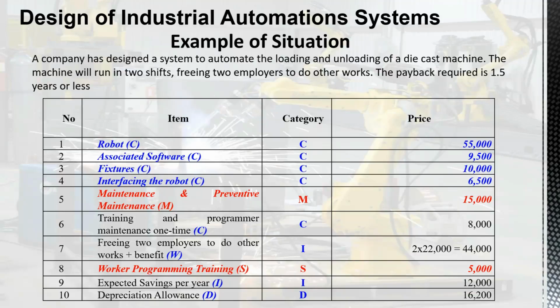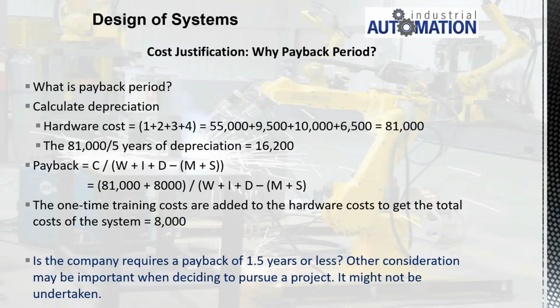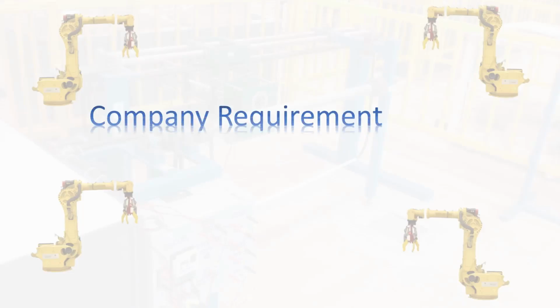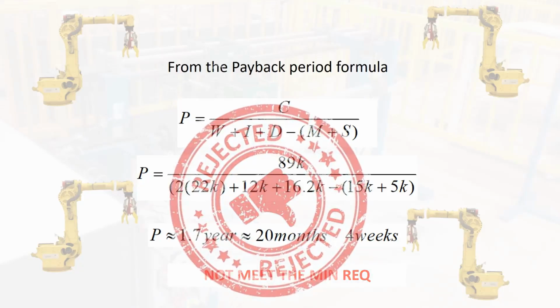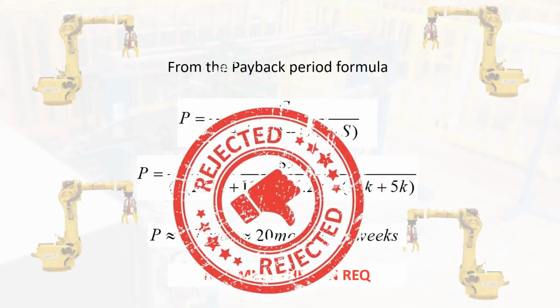By using the formula, we can know how much the payback period is for this example. The target is that the result should be 1.5 years and below. If it is more than 1.5 years, this project needs to be revised, and of course this project is rejected.